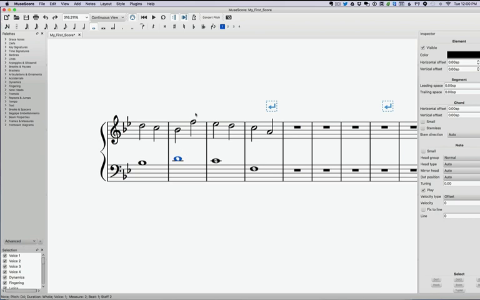So we have a sixth to a third. That's okay. We like both those intervals, and those are both consonant intervals. You don't have to have a dissonant interval on the second half of the beat. You can have two consonant intervals. You're almost always going to have to do it with a leap, though, right? Because if you have two consonant intervals, there's no way to do that without a leap.